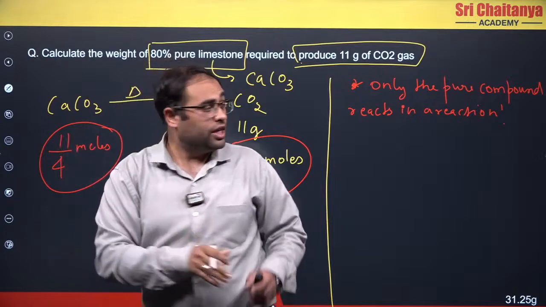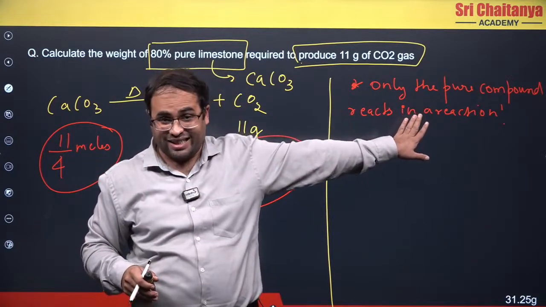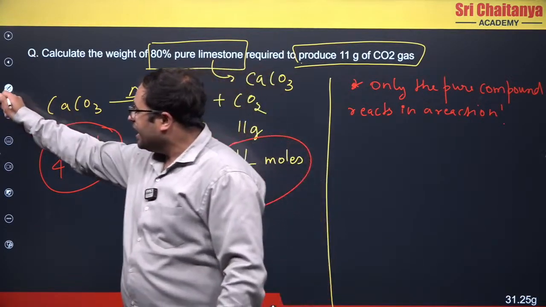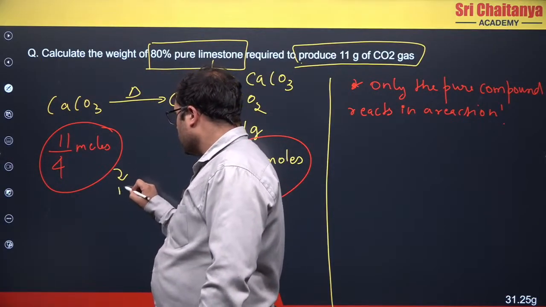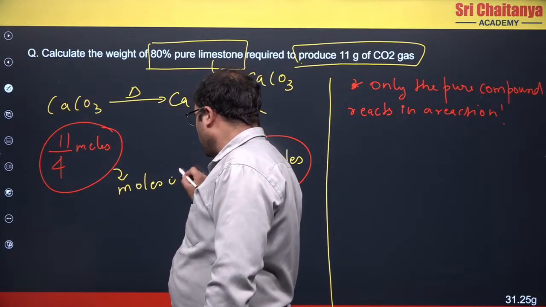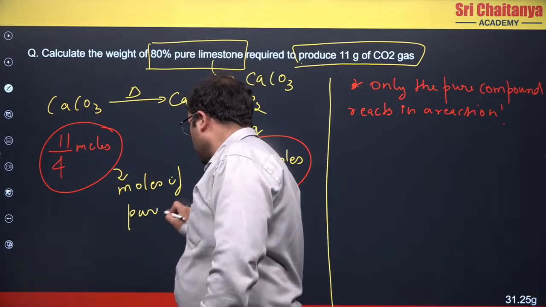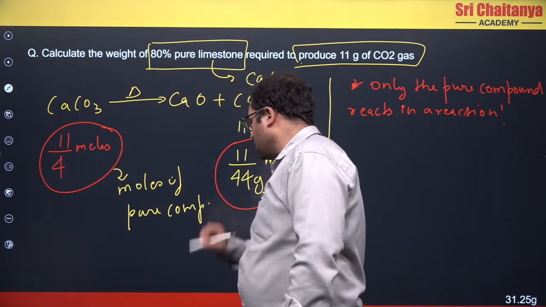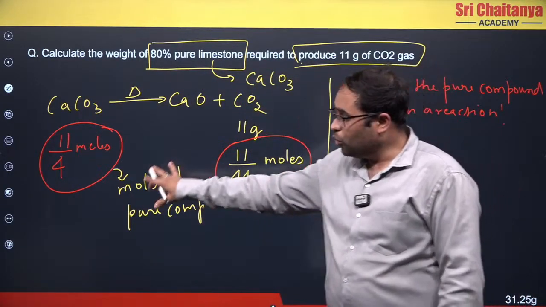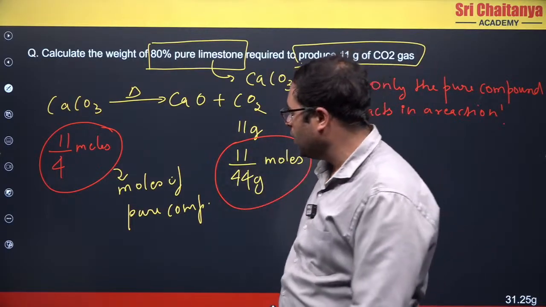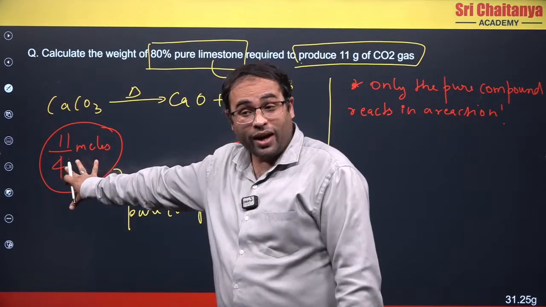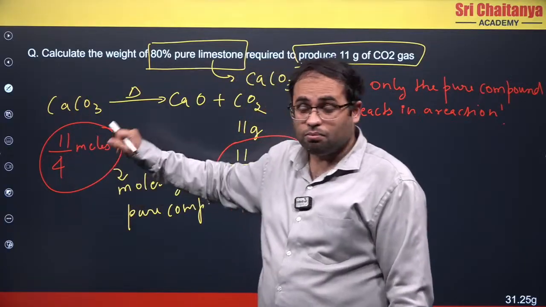Now, because only the pure compound reacts in the reaction, this is the moles of pure compound, right? And if I have the moles of pure compound, I can find the mass of pure compound by multiplying these moles with the molar mass.